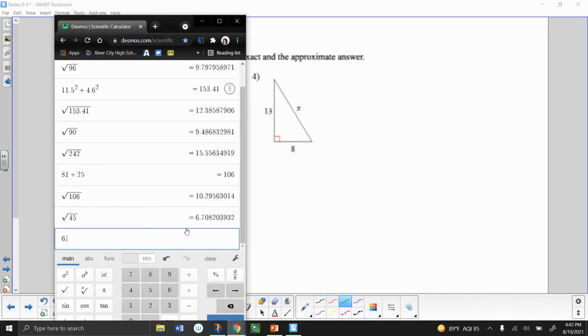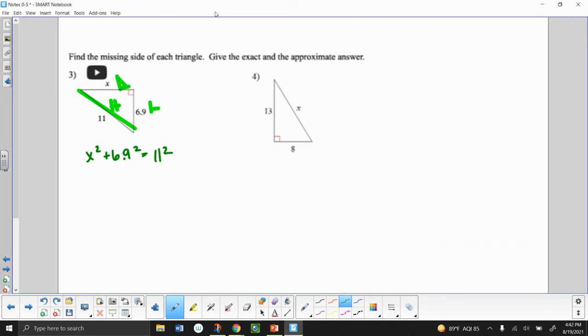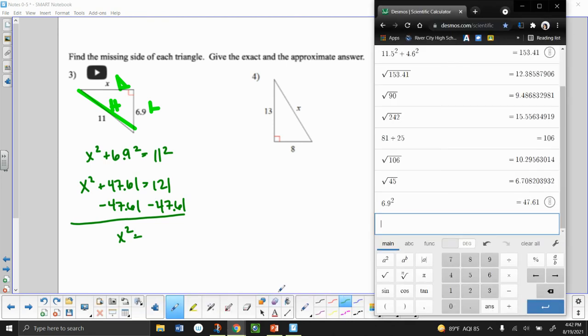So 6.9 squared is 47.61. 11 squared is 121, and I'm going to subtract. 73.39.